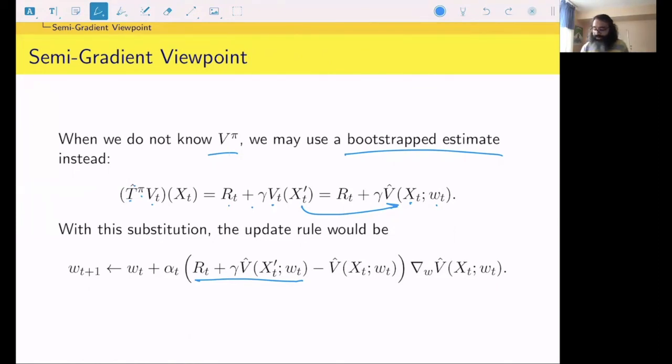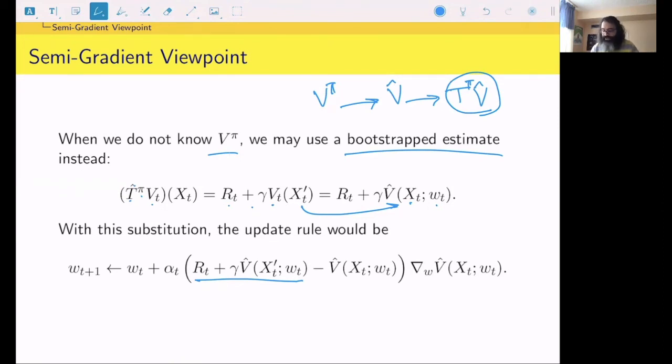I don't have V^π, but I can use my current estimate of V to define T^π of V hat. And I know that T^π of V hat is somehow closer to V^π than the current V hat. Doing this is called bootstrapping.